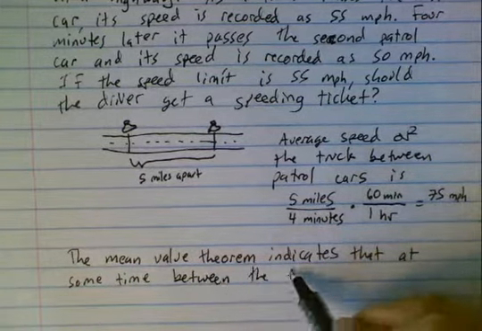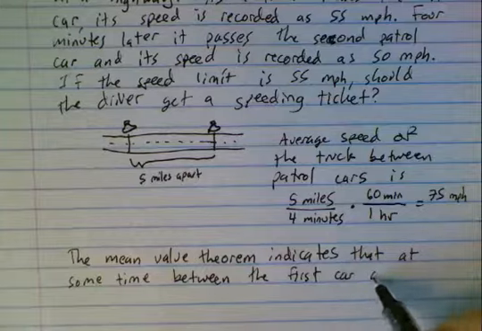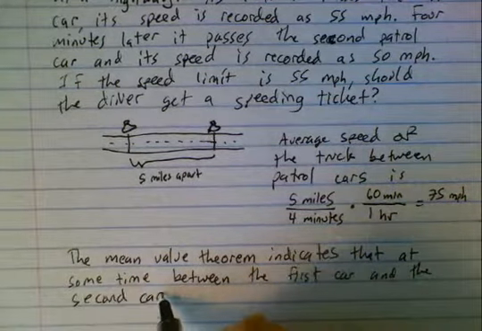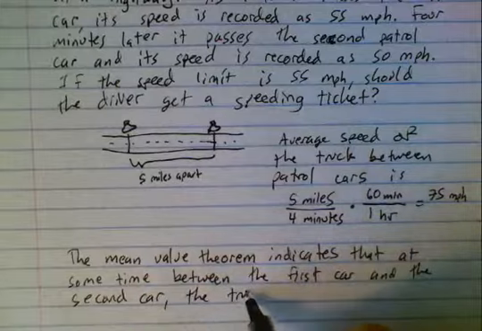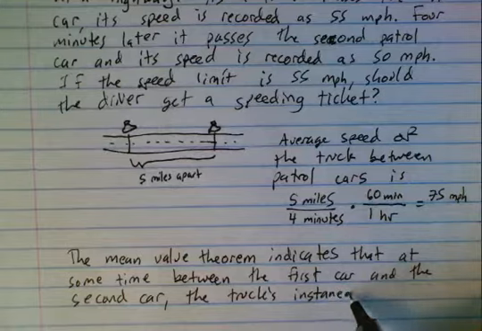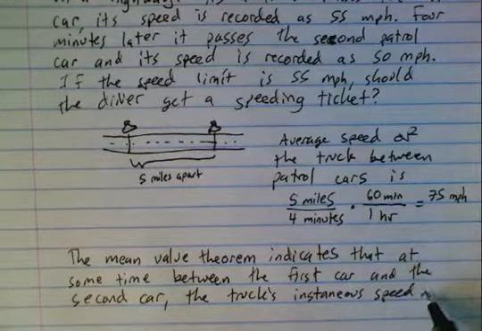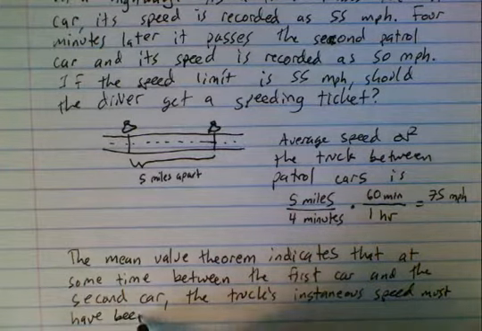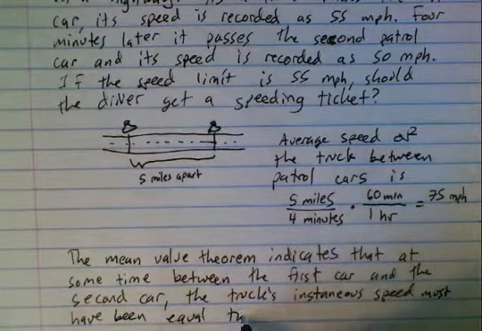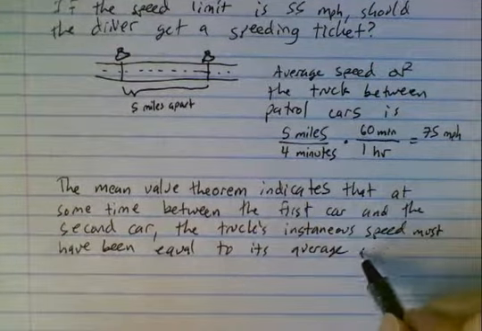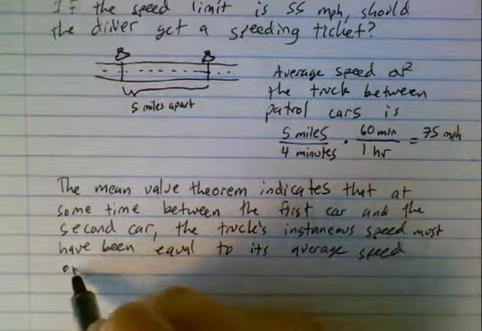between the first car and the second car, the truck's instantaneous speed must have been equal to its average speed over the interval.